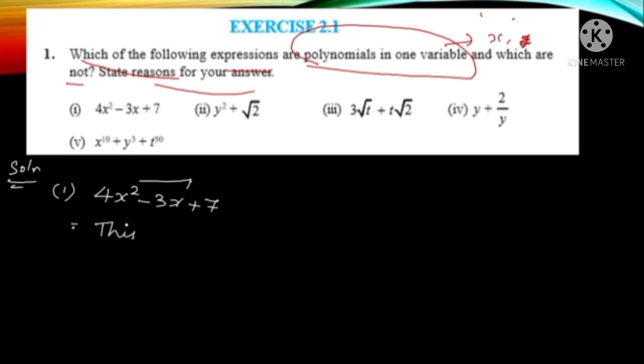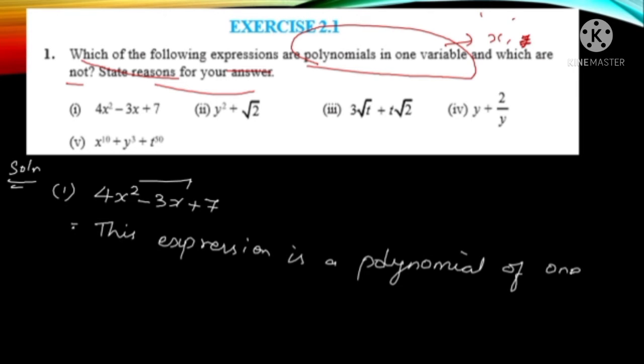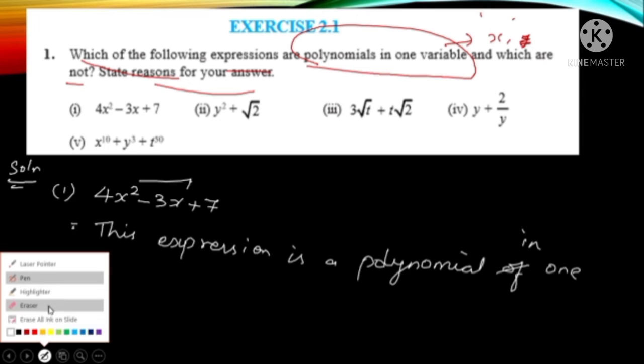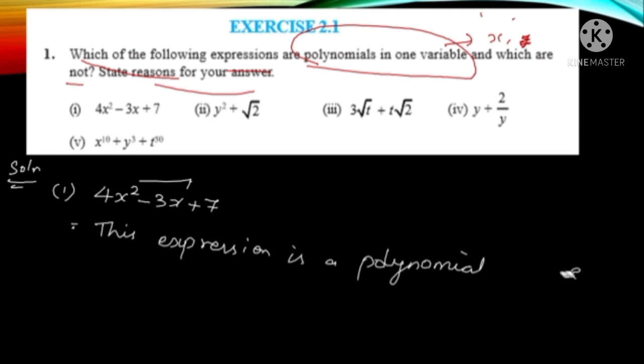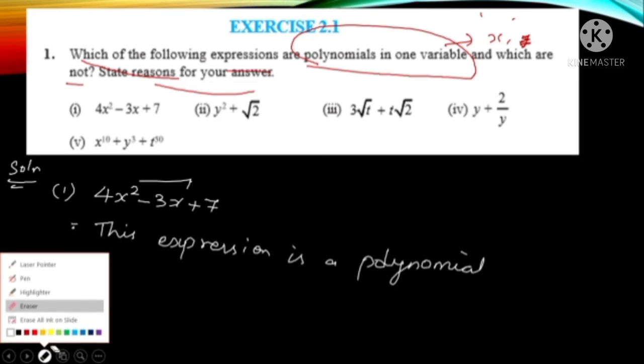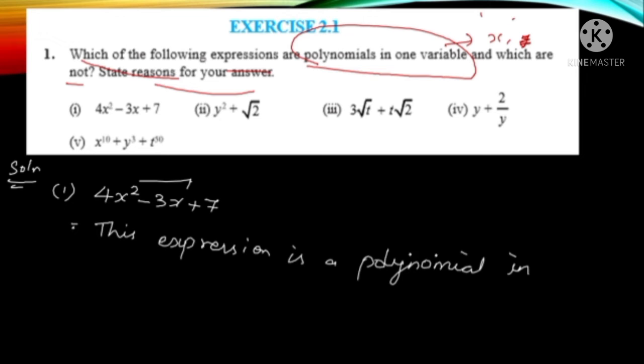So this expression is a polynomial in one variable x, because there is only one variable, x, presented. x மட்டும்தான் present ஆயிருக்கு, வேற ஏதாவது y அந்த மாதிரி terms எதுவுமே present ஆகல.